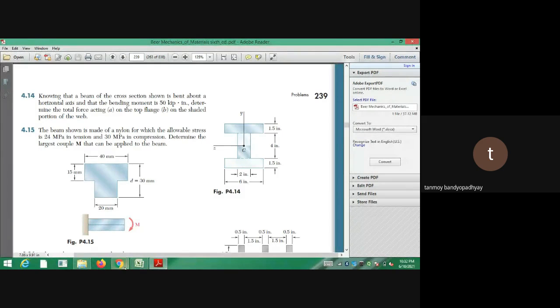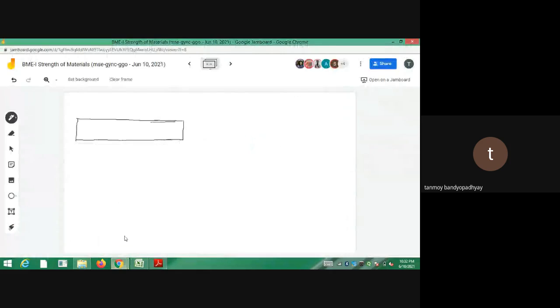You can do this problem also at your home, just take it as an assignment. Just learning the concepts is what you have to learn. I have shared that book, I hope, right? That's Beer and Johnston, which contains both statics and strength.